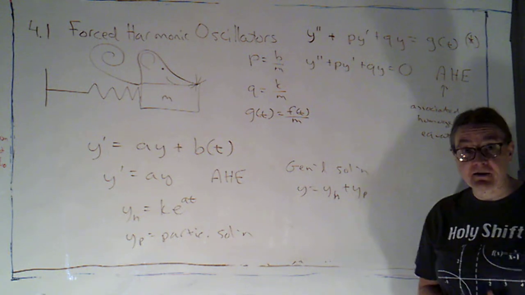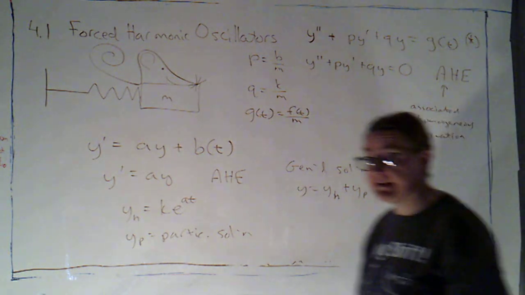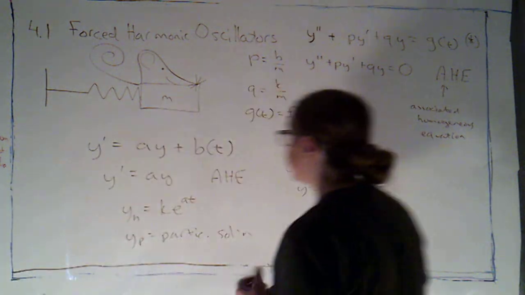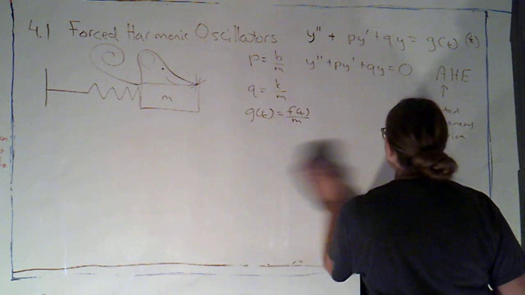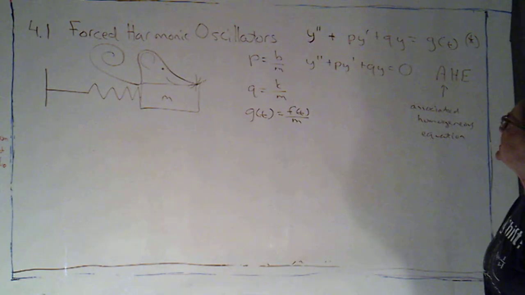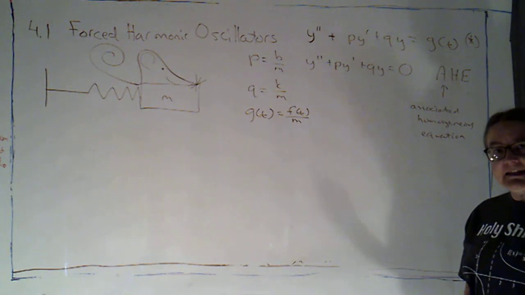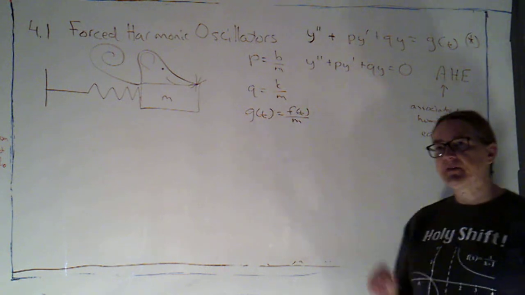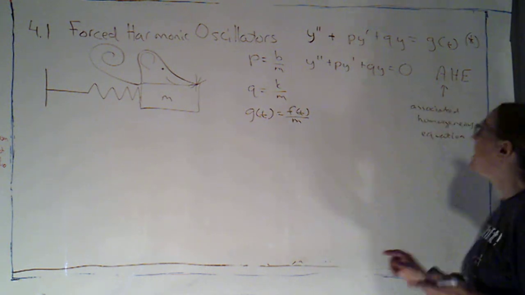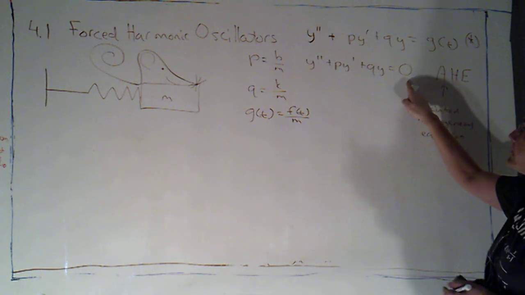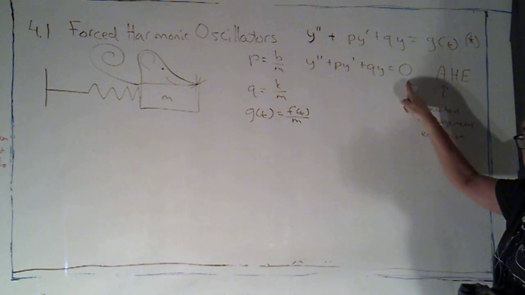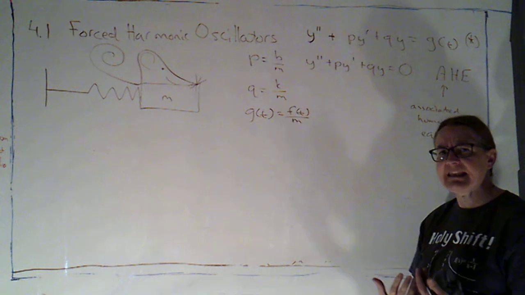So it would be very nice if we had an extended linearity principle for second order systems as well, and we do. I want to just emphasize that linearity is always going to apply to homogeneous systems. So I do have a linearity principle for second order differential equations. Our book didn't ever state that directly.